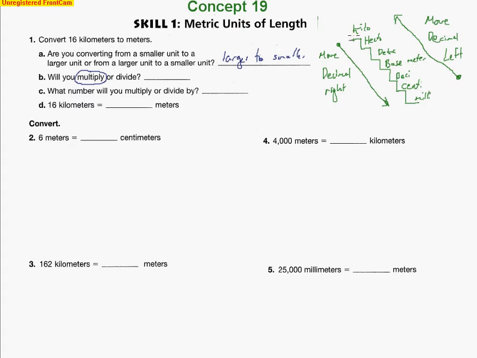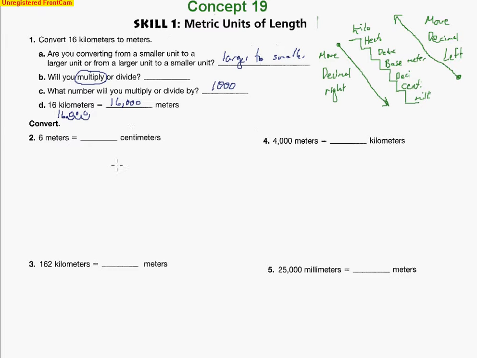If we're starting at kilo, we're going all the way to meter. That is 1, 2, 3 spaces. So that means we're going to multiply by 1,000, or move the decimal to the right 3 times. So I'm going from 16 kilometers, the decimal is right there, and I'm moving 1, 2, 3 spaces. I'm adding 3 zeros, so that's going to be 16,000 meters.